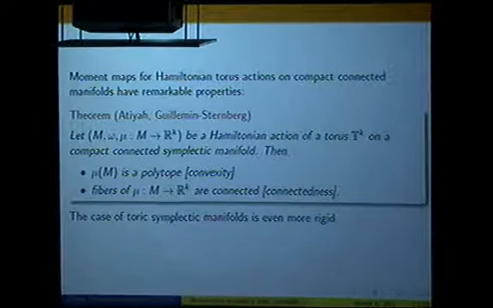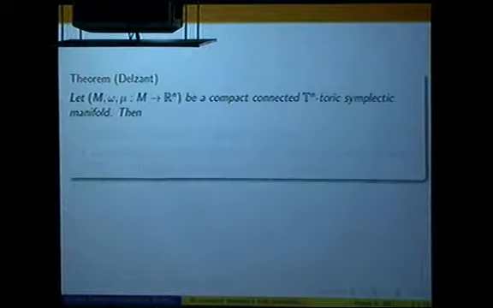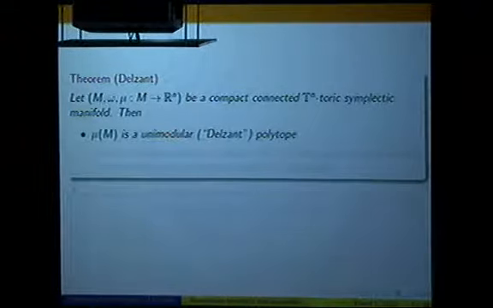And then there was a young French mathematician, Delzant, who decided to look at the toric case, complete integrability. And in this case, the results are even more rigid. So let's start with a compact connected symplectic toric manifold. Then it's known that the image of the moment map is not an arbitrary polytope.